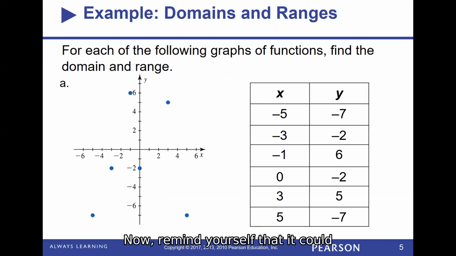Remind yourself that it could be in that simple context of a word problem style, but we can also talk about functions in different formats. We can see them as graphs, or we can even see them as tables. Each one of these is actually the same, and what we've done is create our first scatter plot.